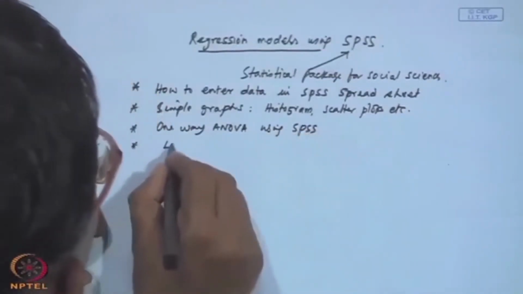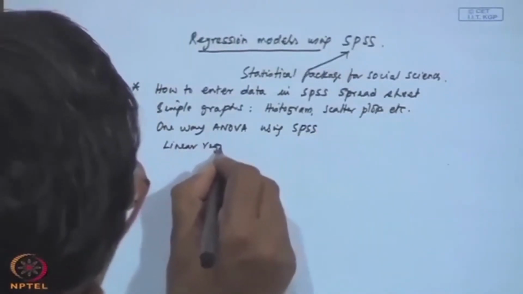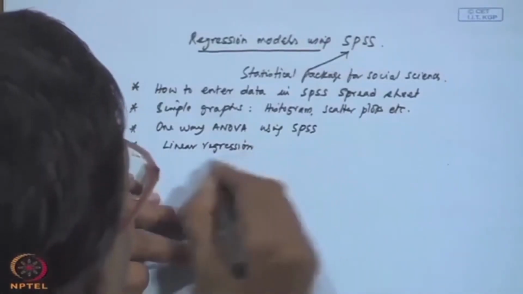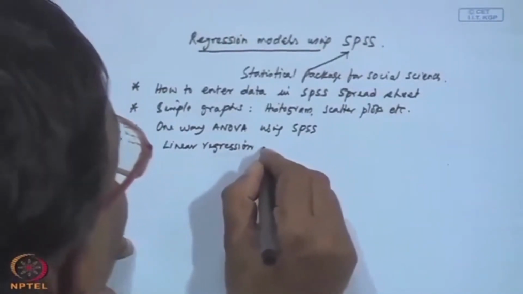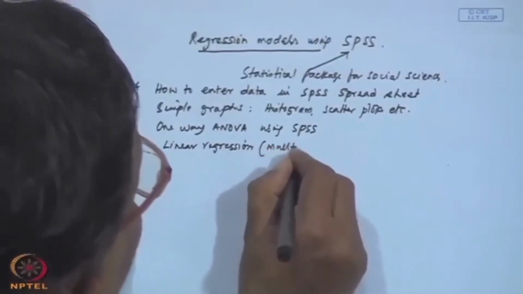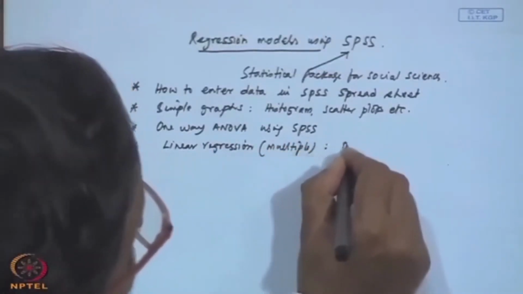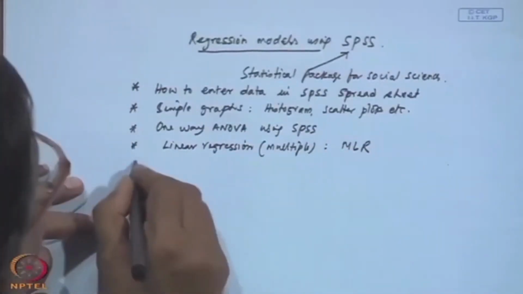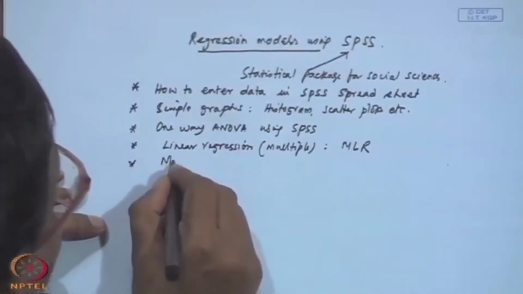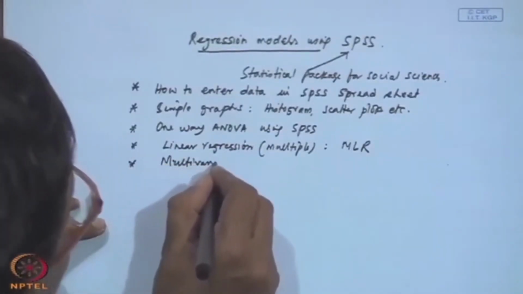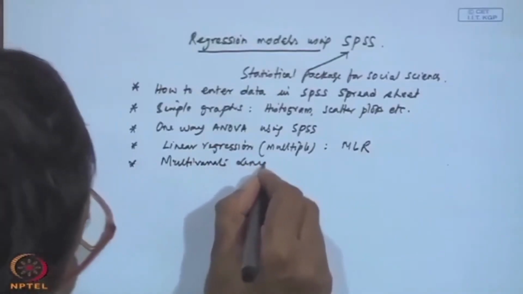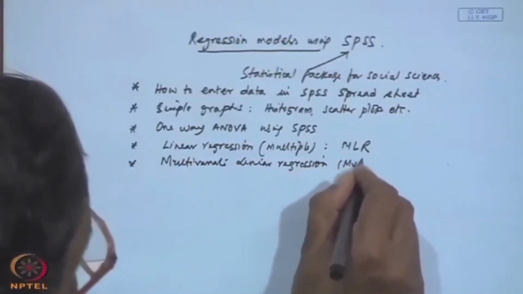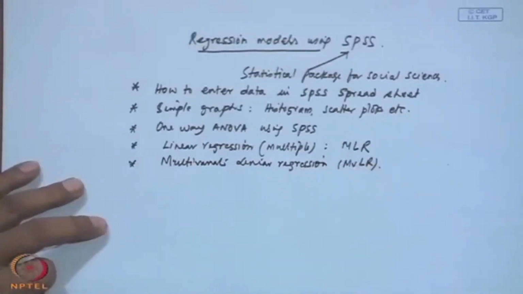Then I will go to linear regression, that is, multiple linear regression, basically linear regression in both the multiple as well as simple cases. Then I will show you multivariate linear regression, MVLR.